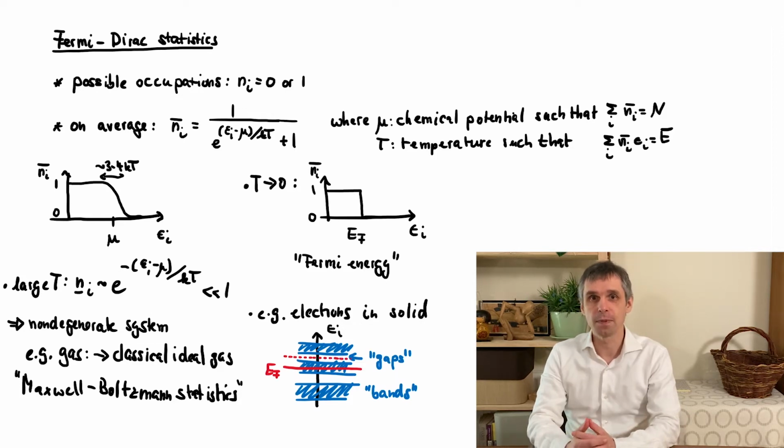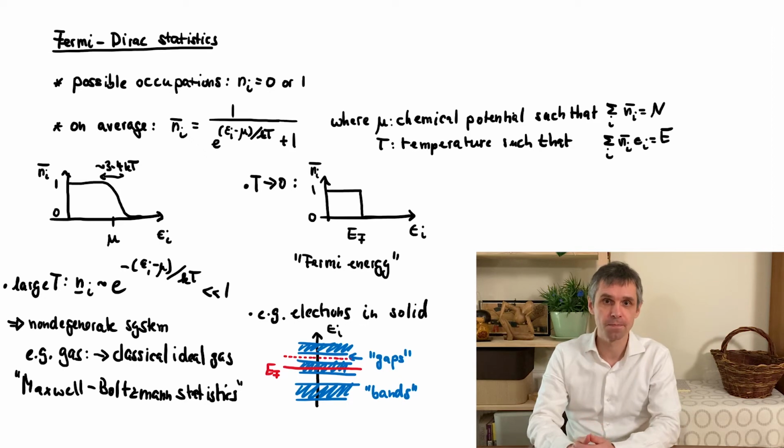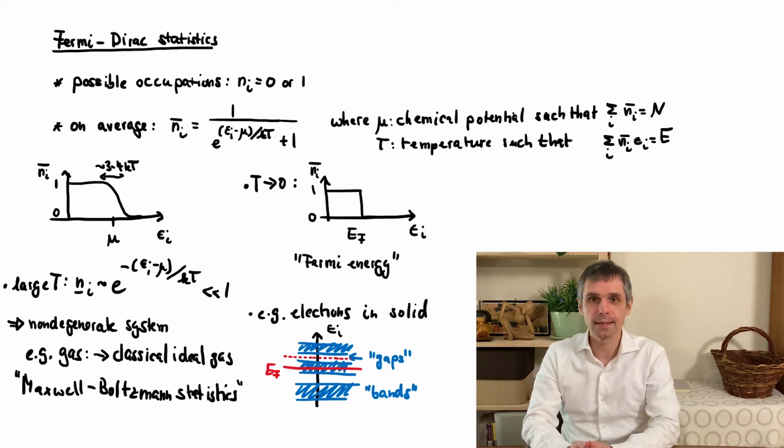Well, in the case of a partially filled band, it does not cost much energy to excite an electron to another state in this band, where the extra energy may come from the finite temperature that smooths out the Fermi-Dirac distribution in that energetic region, or may be supplied externally by applying, for instance, a voltage difference. In this excited state, the electron can then move around relatively freely. So this would be typical for a metal.